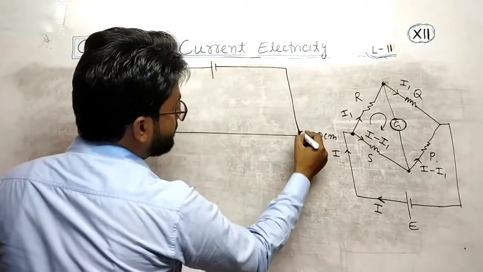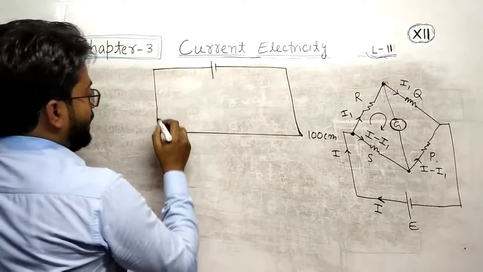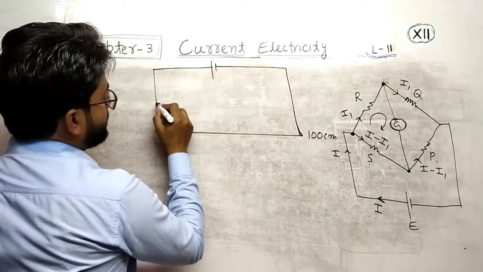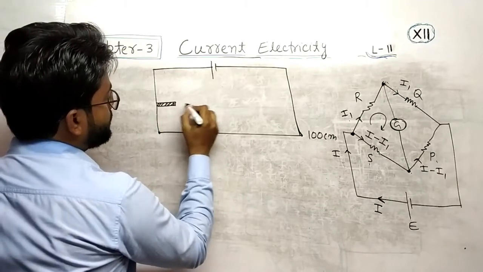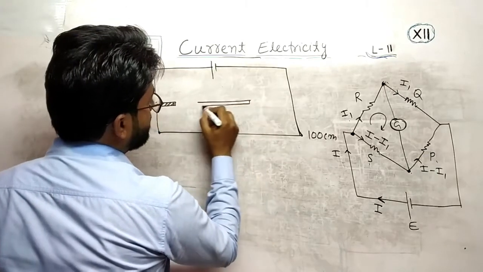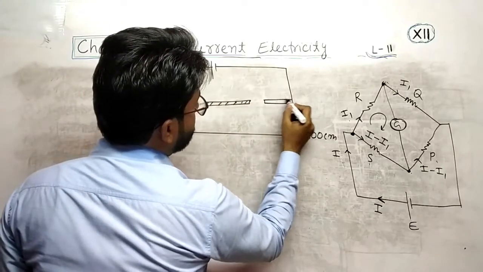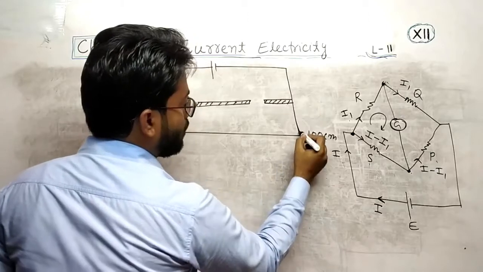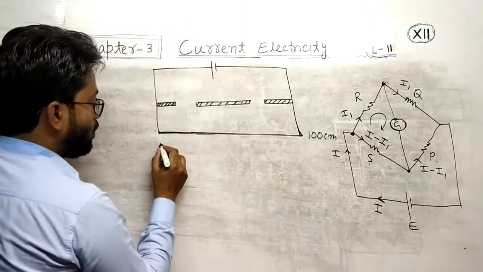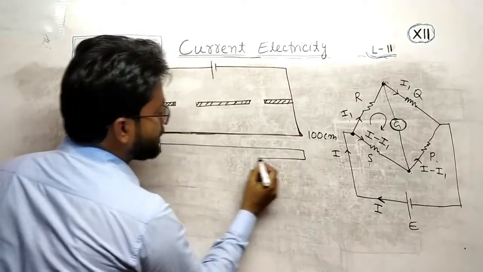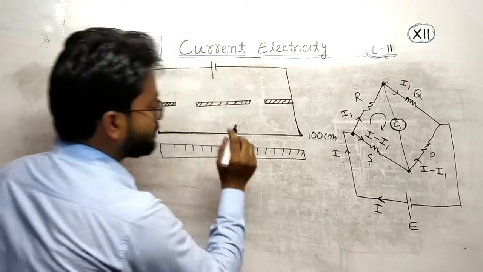This is the battery, and this is the metal strip. This is also a metal strip, and this is also a metal strip, and this is the wire. This is the resistance wire. One scale is given here, that is used to measure the length of the wire.